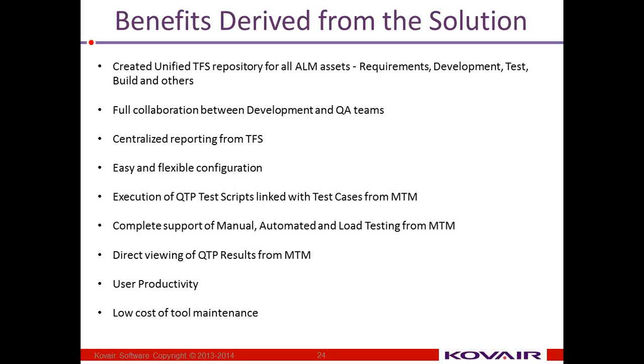Once you have TFS, it creates a unified TFS repository for all ALM assets like requirements, development, test, build, and others. Full collaboration between the development and QA teams, and centralized reporting from TFS. Being a single platform for managing all these ALM artifacts, collaboration among the different teams becomes smooth, and generating reports from the centralized repository no longer takes a long time.